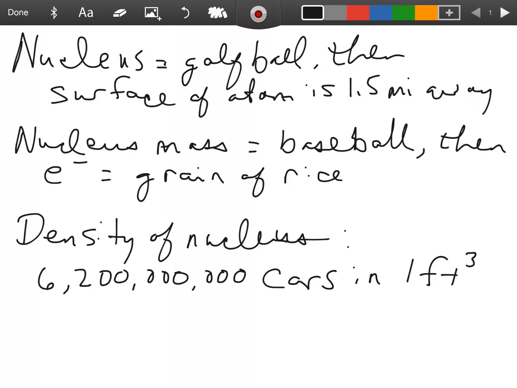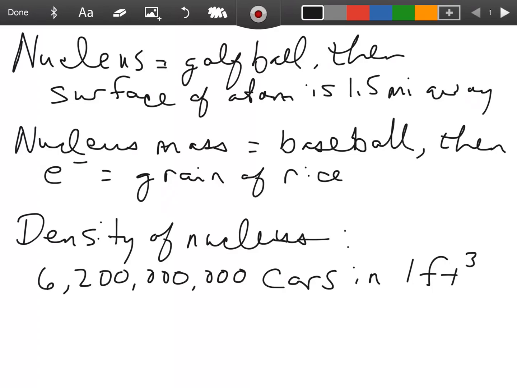To illustrate this even to a greater extent, when I take a look at the density of the nucleus, and by that I mean how many grams per cubic centimeter there are, we have a difficult time, I think, imagining how much mass would fit into maybe a cubic centimeter. But now let's think about a cubic foot. So 1 foot by 1 foot by 1 foot.